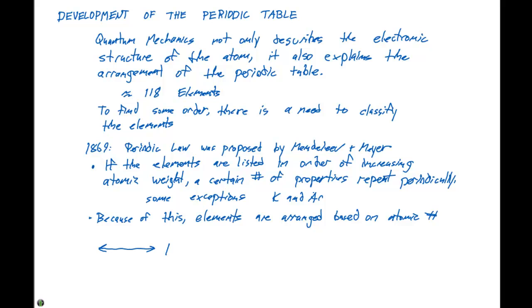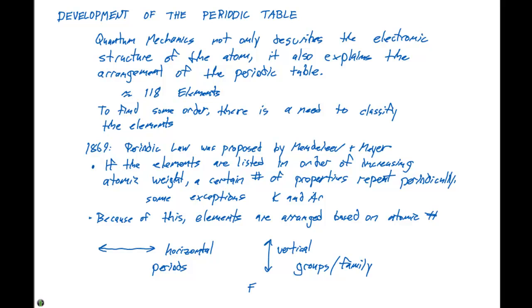If we look at the horizontal groups in the periodic table, we refer to these as periods. And the vertical groups in the periodic table we refer to as groups or families.